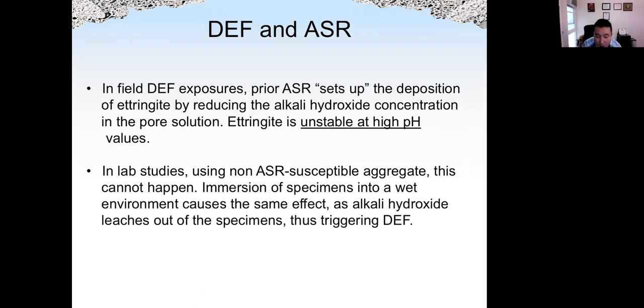Okay, so when the alkali hydroxide concentration is reduced, then ettringite will form. So here is the reason. Ettringite is unstable at high pH value. Okay, so when pH level is very high, the ettringite will not be formed because it is unstable. When alkali is leached out due to ASR or some other reason, then ettringite will become stable. So we can see formation of ettringite. So that's the reason prior ASR will set up the DEF.